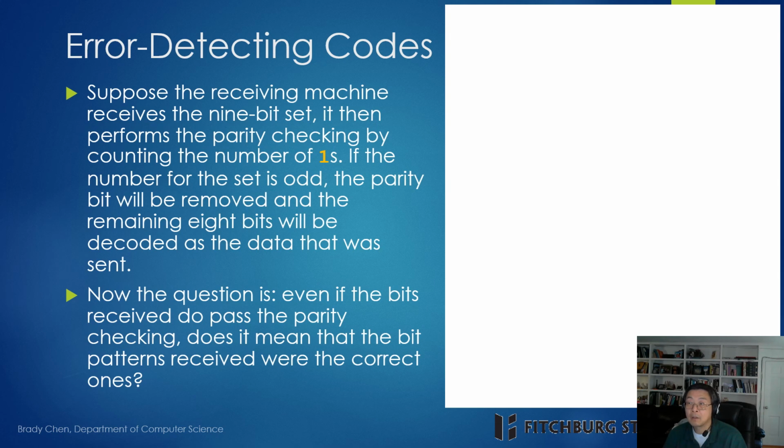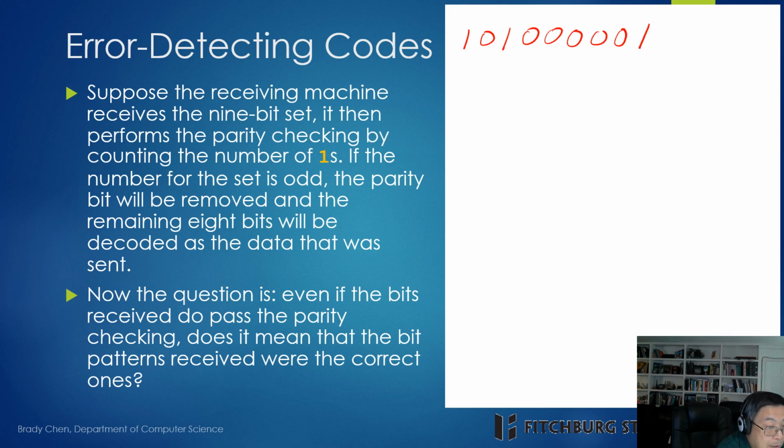So in the case of letter A, we know that the original 9 bits sent were 1, 0, 1, 0, 0, 0, 0, 0, 1, right?